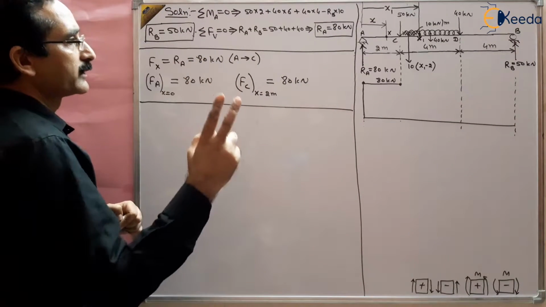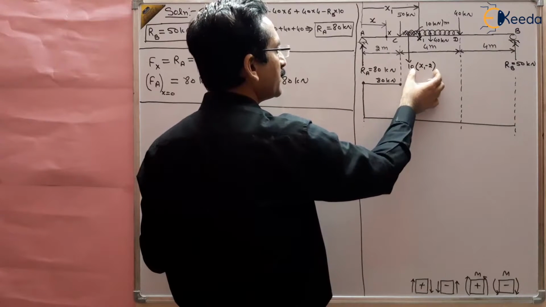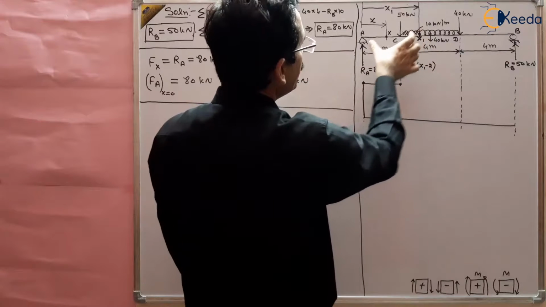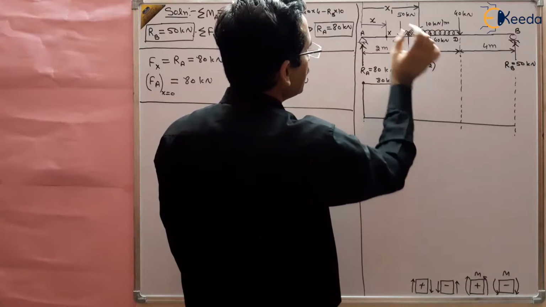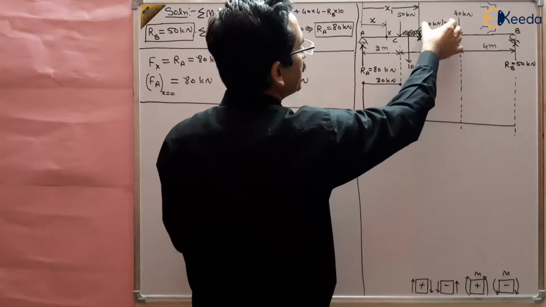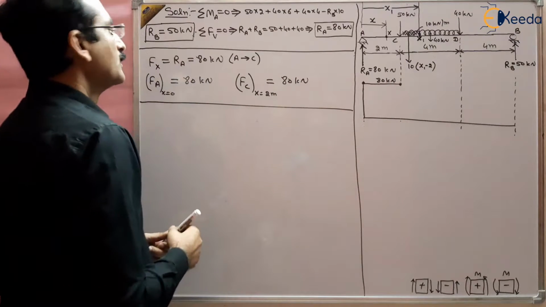There are three loads: one is RA, another is 50 kilonewton, and another is 10 multiplied by x1 minus 2. x1 is this distance and 2 is this distance. So the Cx1 distance will be x1 minus 2, multiplied with the linear force density, and we get 10 into x1 minus 2, right?